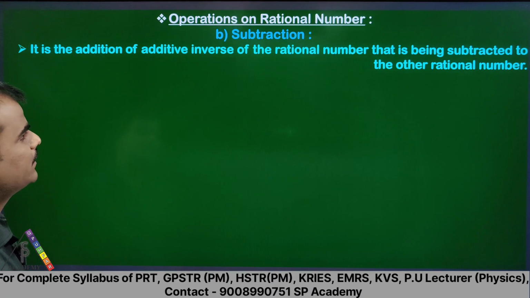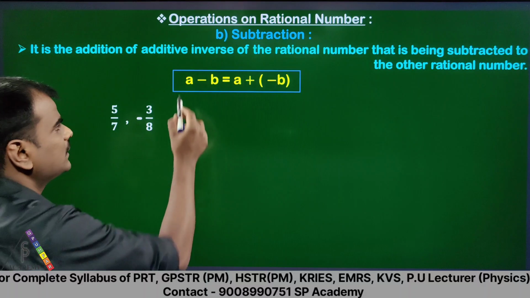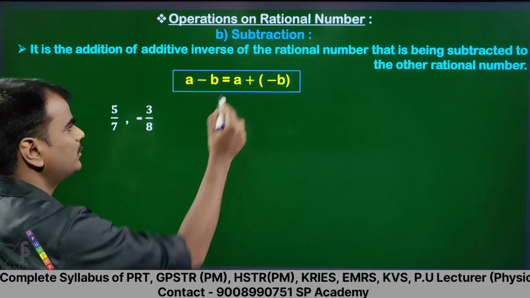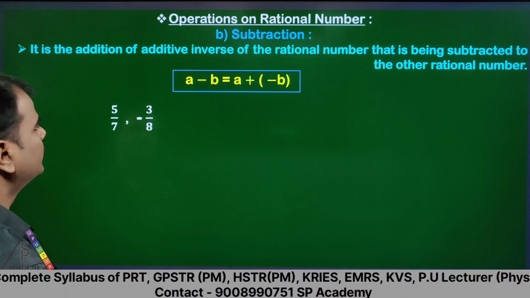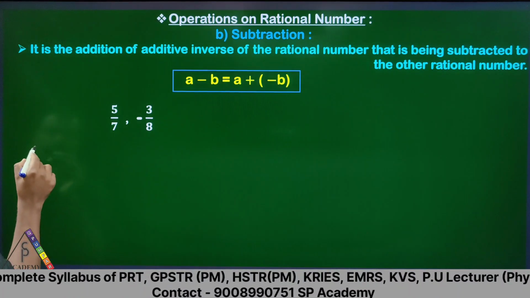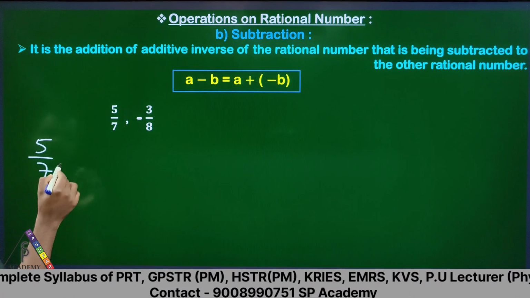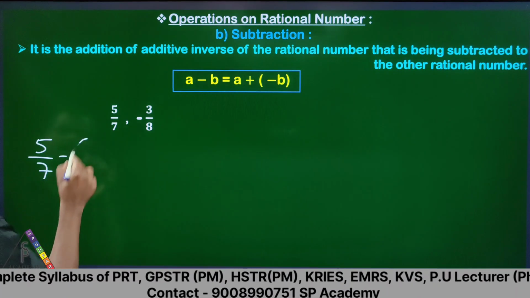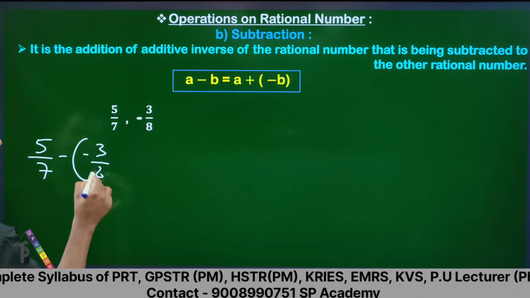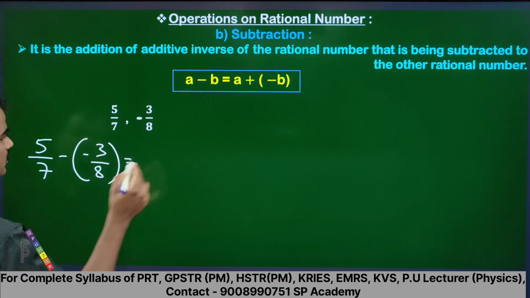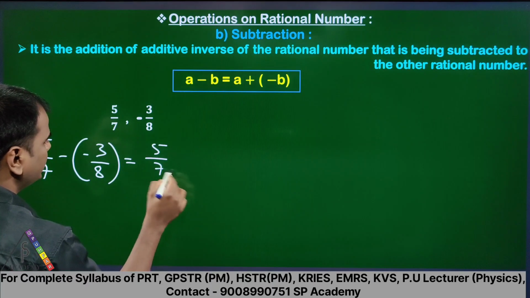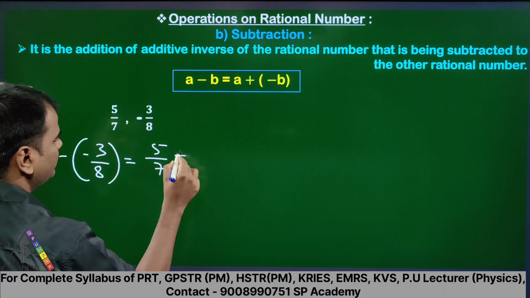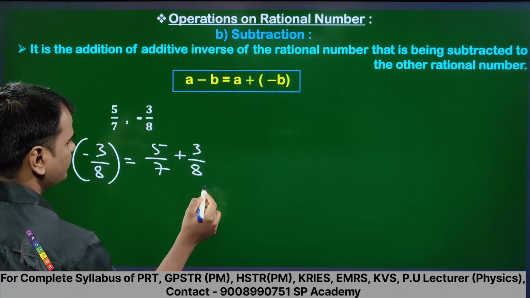Next operation is subtraction. Subtraction means we add the other number with the minus sign. A minus b is equal to a plus of minus b. Therefore this is 5 by 7 minus of minus 3 by 8. This is equal to 5 by 7, minus into minus is plus, 3 by 8.